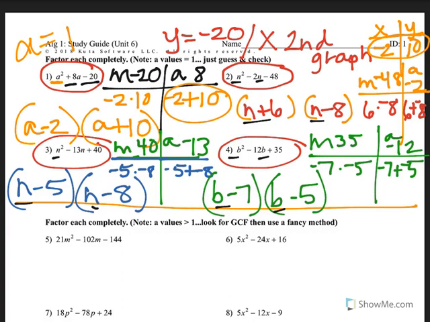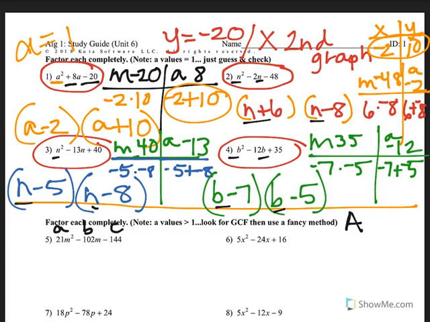Okay, so starting with number 5, I'm looking at number 5 and I'm like, okay, these are really, really big numbers. If I go and multiply 21 times 144 and I use the AC method, which is, if I have A, B, C, multiplying this term times this term, those are really big numbers. So what I want to do is make them smaller.